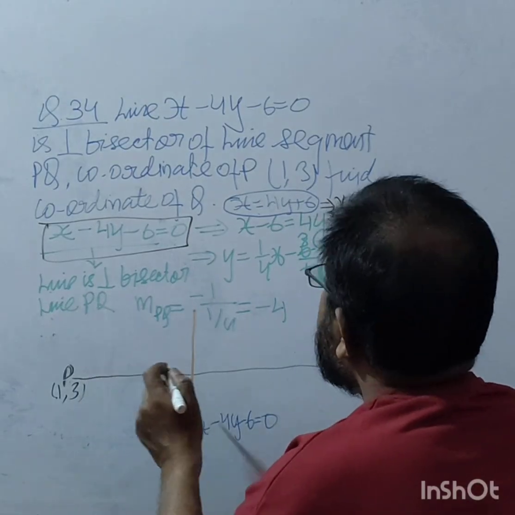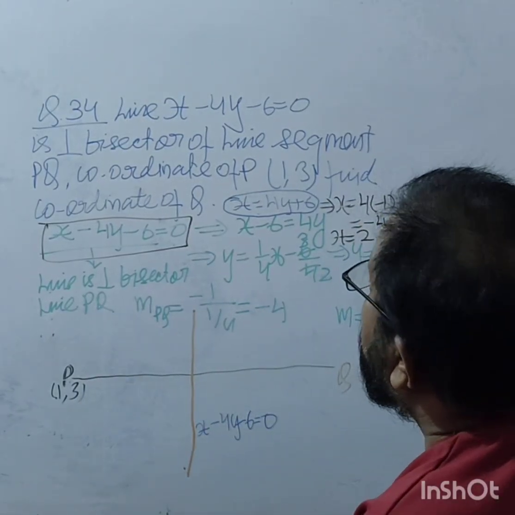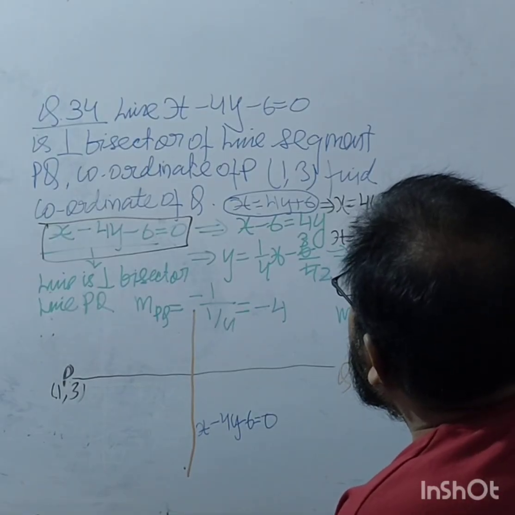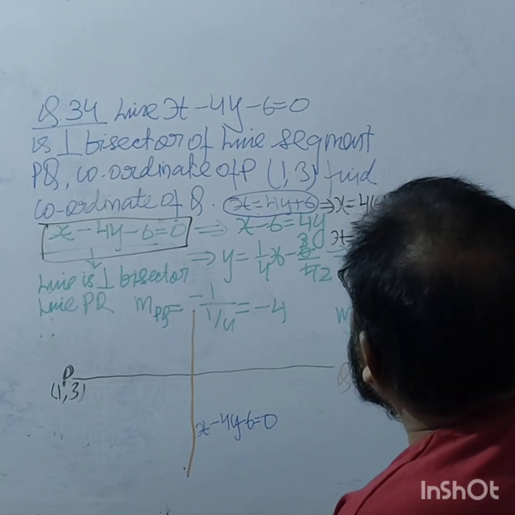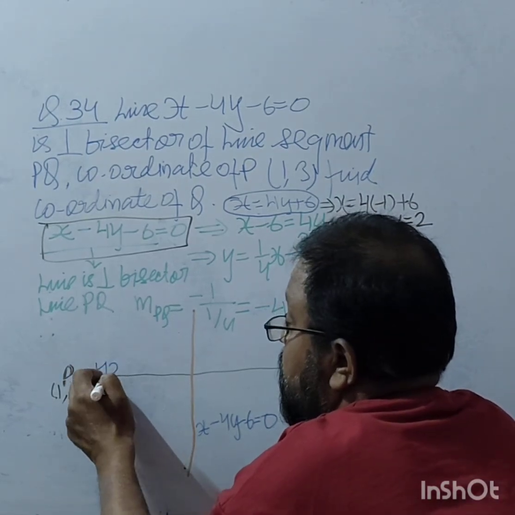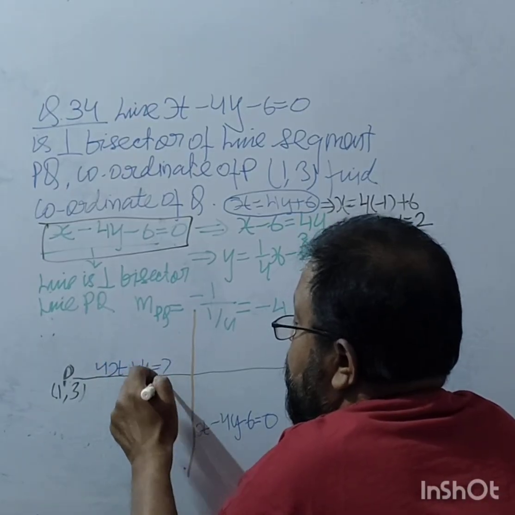And the equation of this line we found. How much was that? 4x plus y is equal to 7.